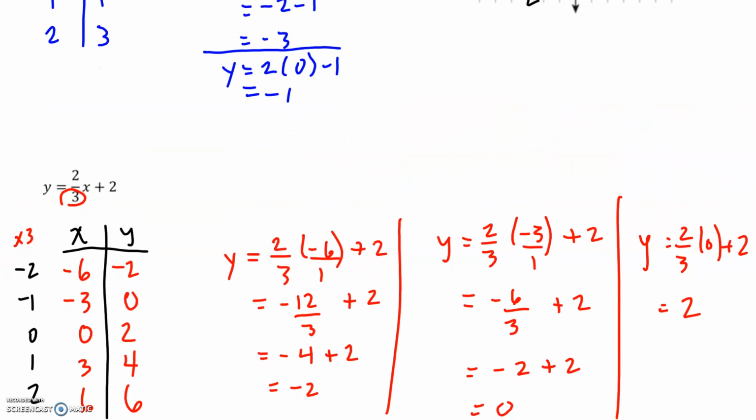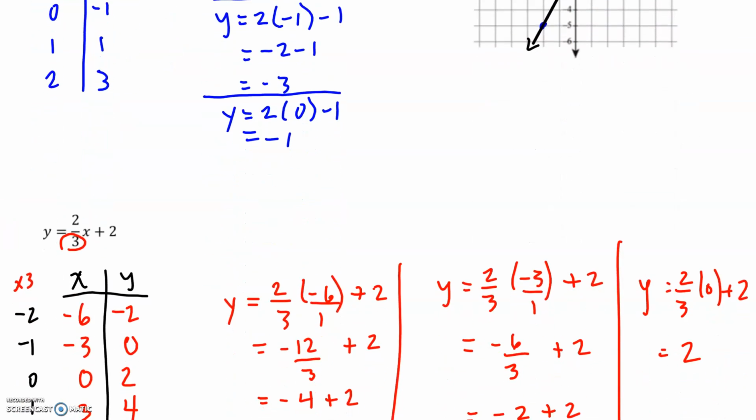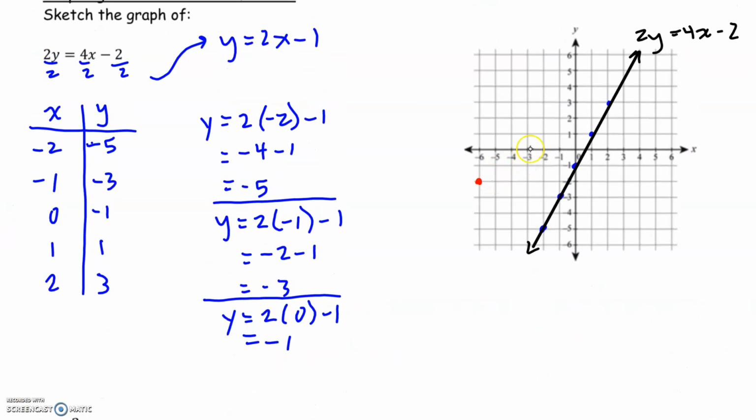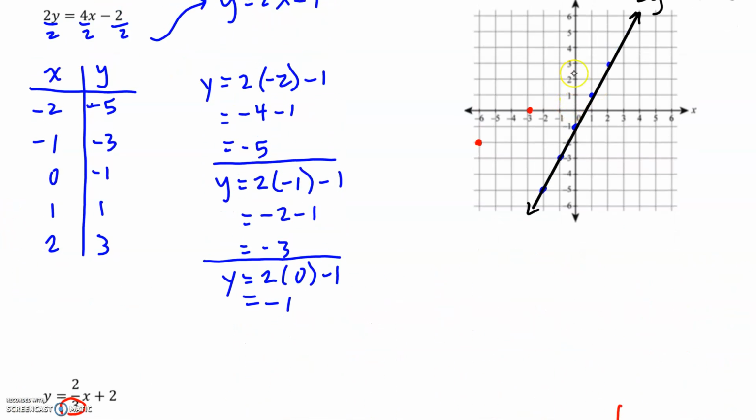Okay, let's go ahead and plot those points. So I'm going to have to remember (-6, -4). My next point was (-3, 0). Then (0, 2). Then I believe it was (3, 4).